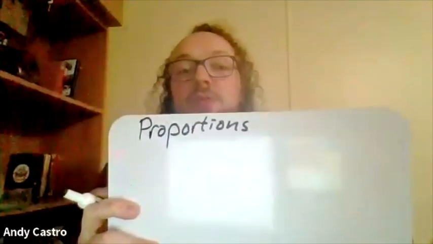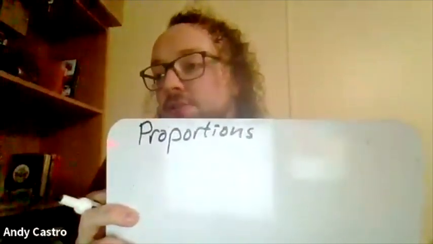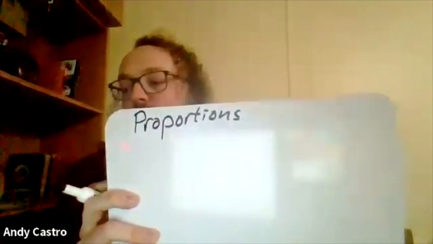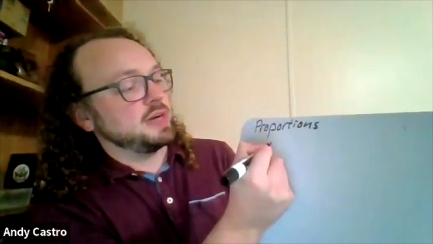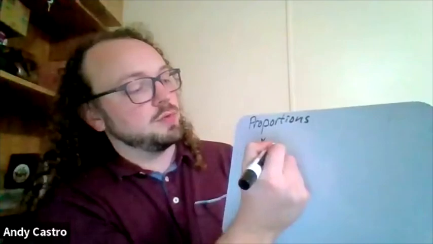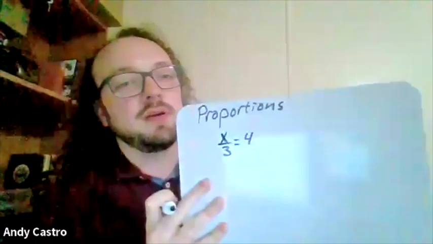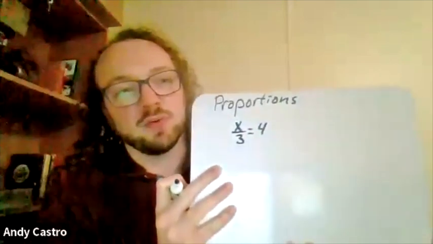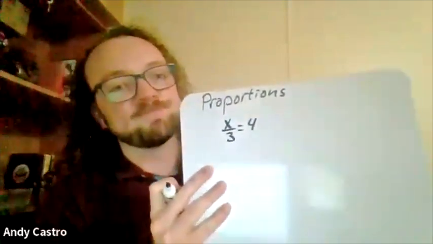We're going to start with a problem very similar to the first homework question that we did. All right, so let's say, just for an example, I had x over 3 equals 4. And I just want you to work these little examples along with me because they're going to build toward our new type of problem.